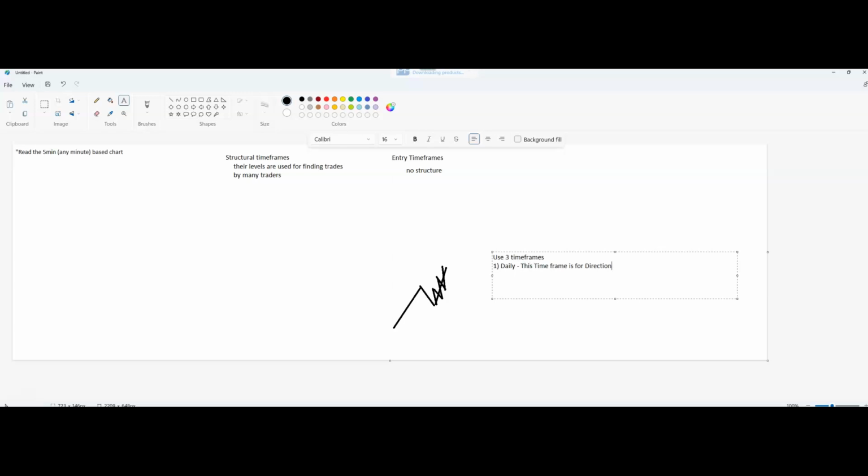Then, if you're using markets that trade around the clock, like Forex or futures, use the 3 or 4-hour. And this is for setups. All right.